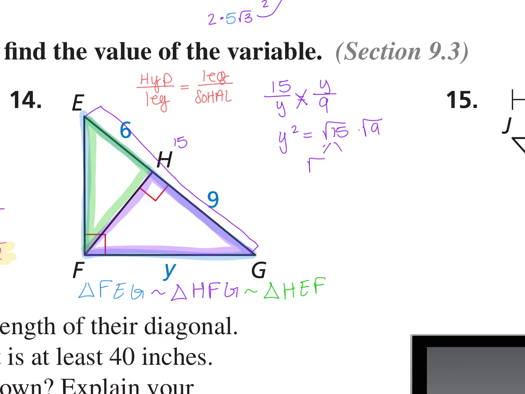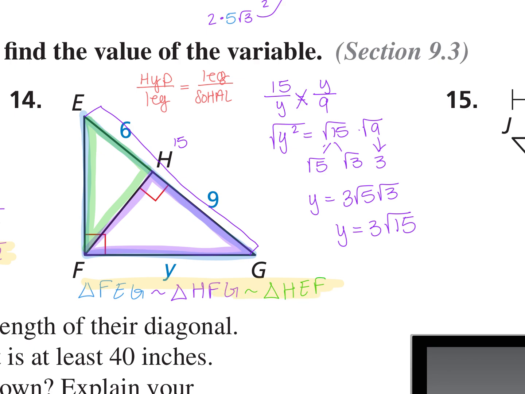Factor these out. 9 is a perfect square, so I'm going to have y equals 3 times the square root of 5 times the square root of 3. So y is going to equal 3 times the square root of 15.